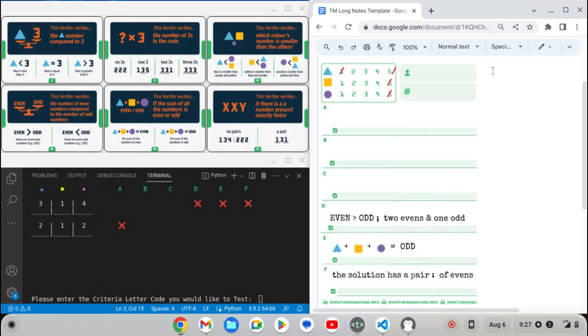So it's not 1, or it's not 2. And let's go update our notes and say that triangle needs to be either a 3 or greater than 3. The triangle is either equal to or greater than 3. Okay, anything else we can cancel because of it?